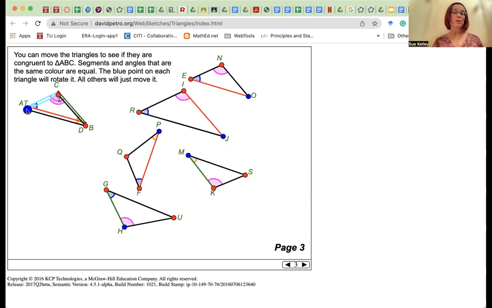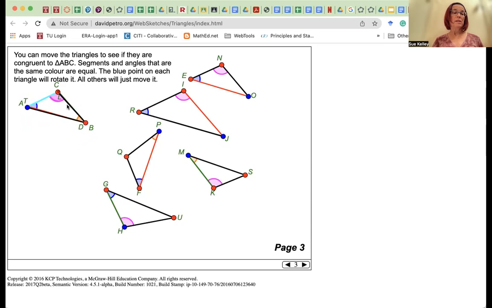I'm going to try to get these, and you'll notice also the color coding of the angles. So here, angle L matches up with angle C, and angle D matches up with angle B. So we're going to match those up.